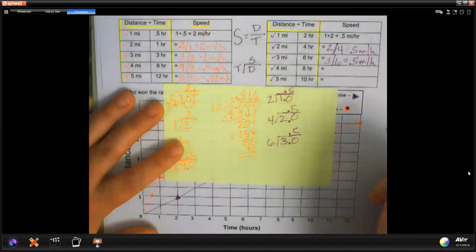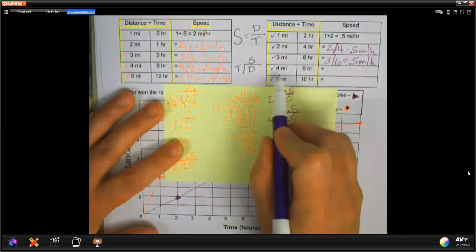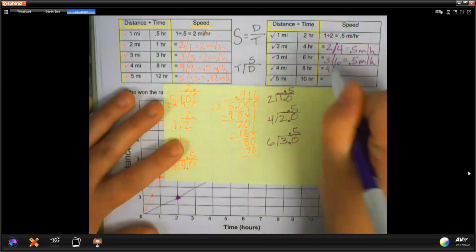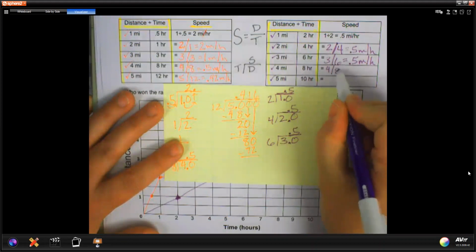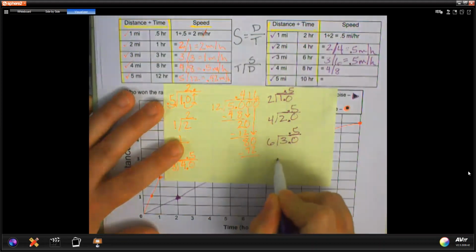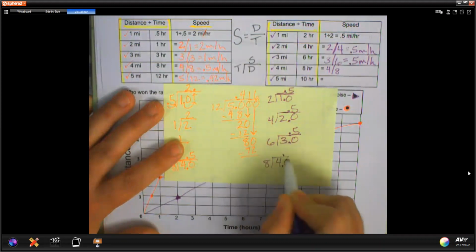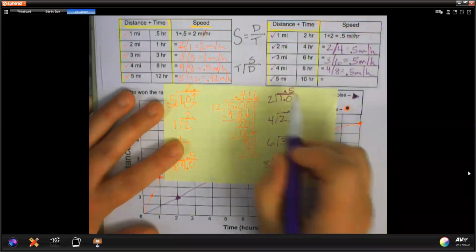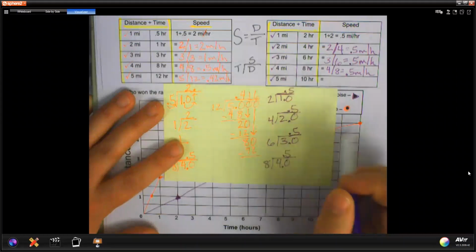You should be able to see a pattern here. Again, we have distance of 4 miles divided by time of 8 hours. So 4 divided by 8. We got to add our 0 with a decimal. And once again, we get 0.5 miles per hour. And then our last one, 5 miles in 10 hours.